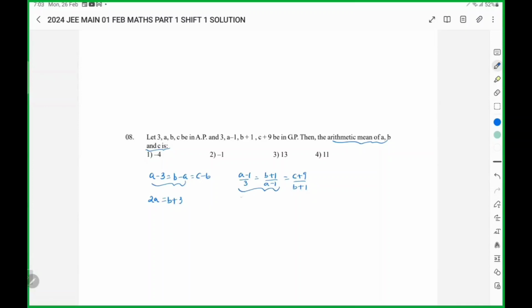Let us substitute here. So a minus 1 whole square is 3 times b plus 1. From here, whole square is b minus 1 whole square, 12 times b plus 1.